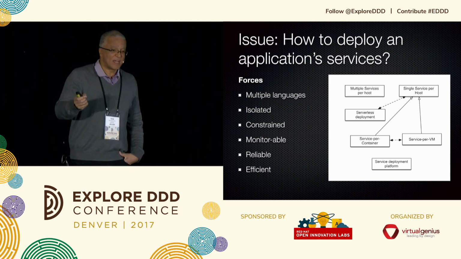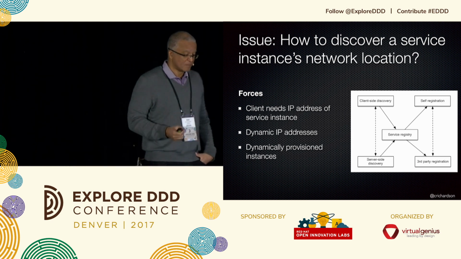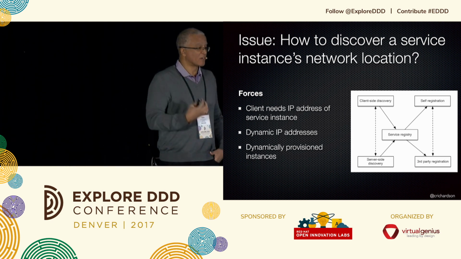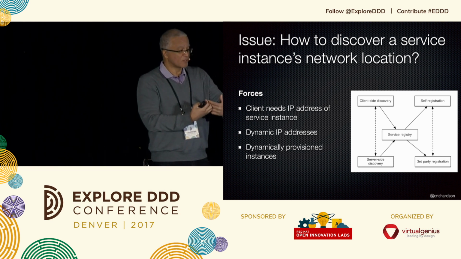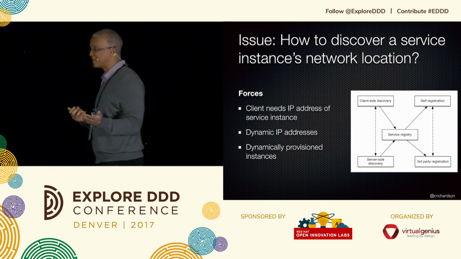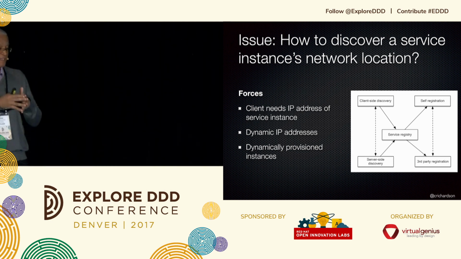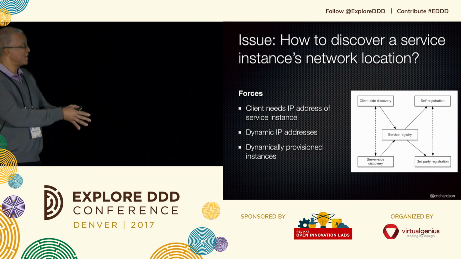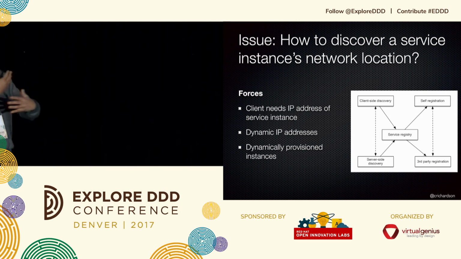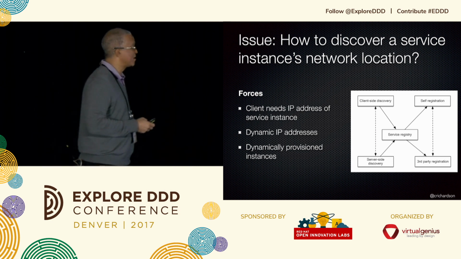You also have to come up with a service discovery mechanism. Especially if you're running in a Docker environment, your service instances have dynamically allocated IP addresses. So if you want to make an HTTP request to one, you need to know its IP address. That's a remarkably hard problem in a modern application because of dynamic IPs.